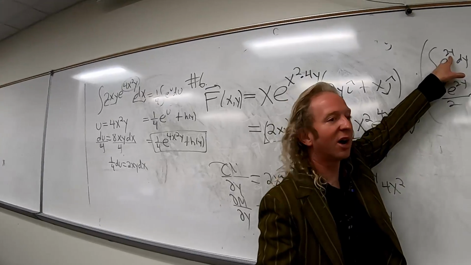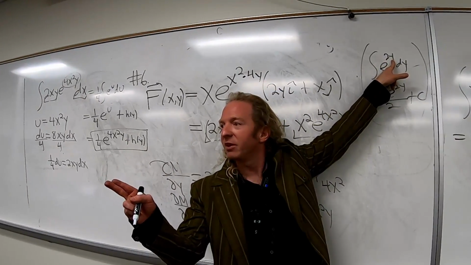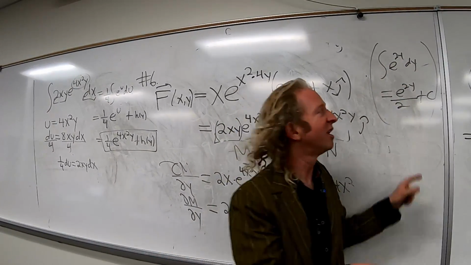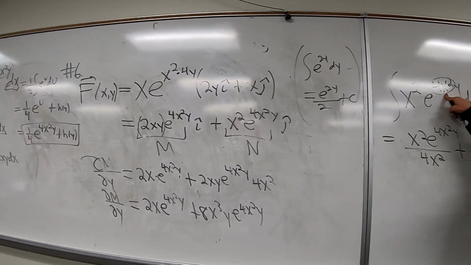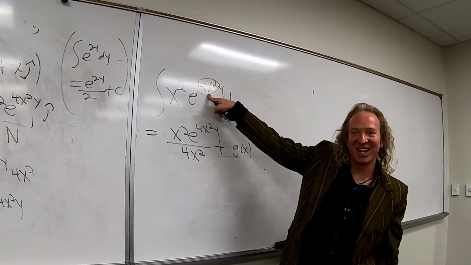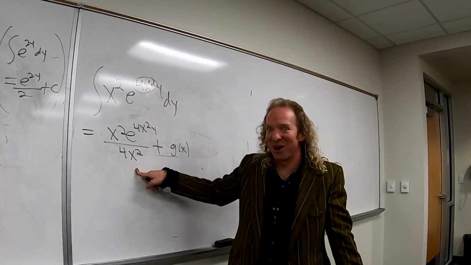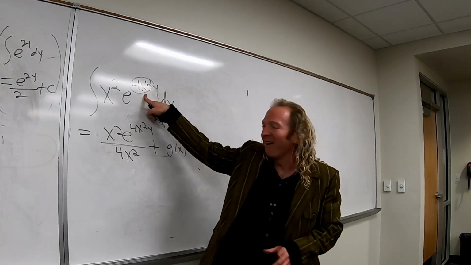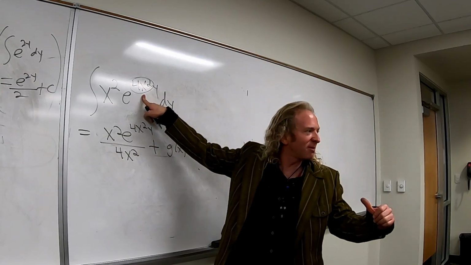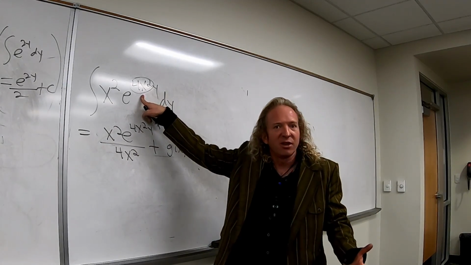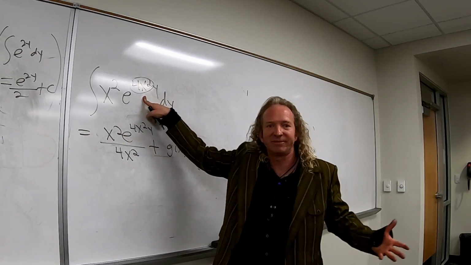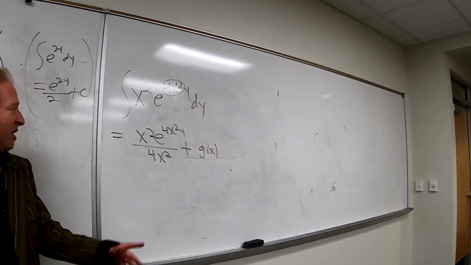If you have e to the 2y, 2 is a constant, you just divide by 2. This is a constant because that y is in front of it. I was right, I'm really happy that happened. You can use the other method, but you don't have to because it's a constant.